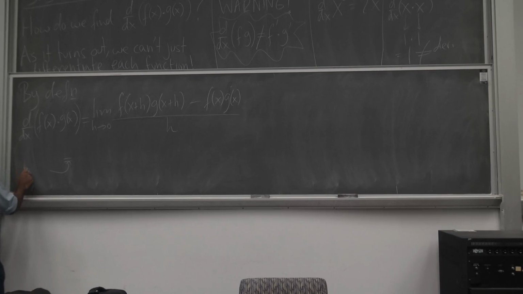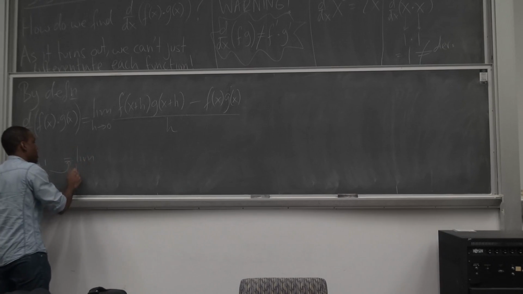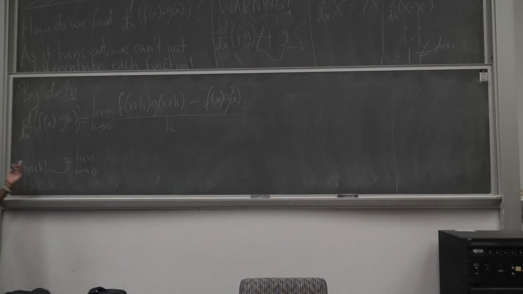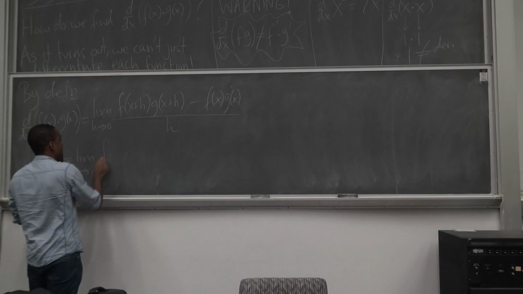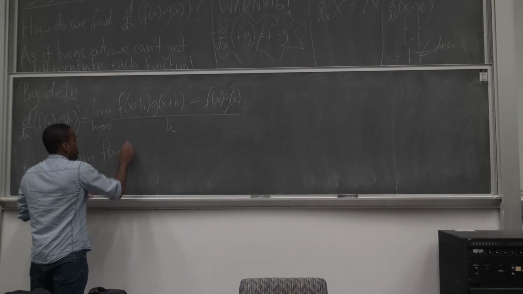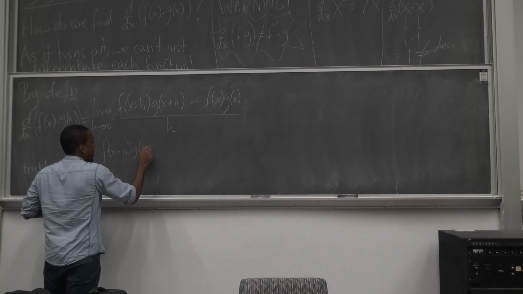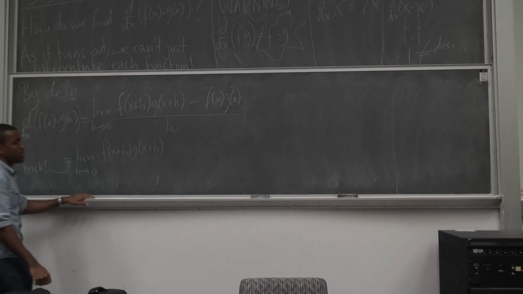Here we're going to use a cheat trick. It's going to be the limit as h approaches 0, which we use this trick all the time. You learned it in completing the square. You kind of sneakily add and subtract a number so that you're adding and subtracting 0 and not really changing anything.